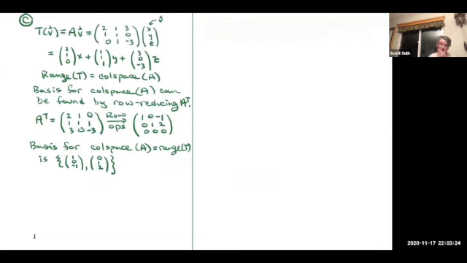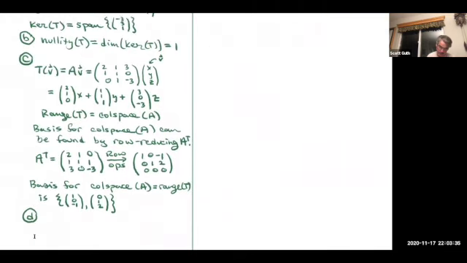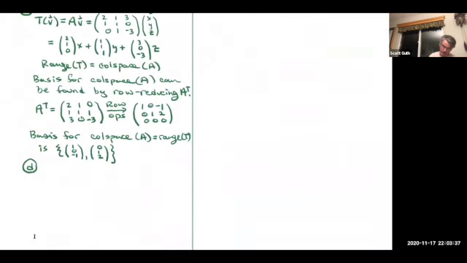Okay, and now in question D, I think they're going to ask for the rank. So the rank of T is the dimension of the range of T. Of course, that's the dimension of the column space, which is the same thing, and it's two-dimensional.